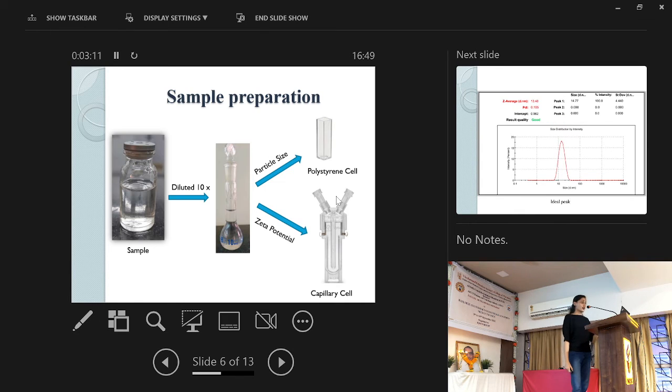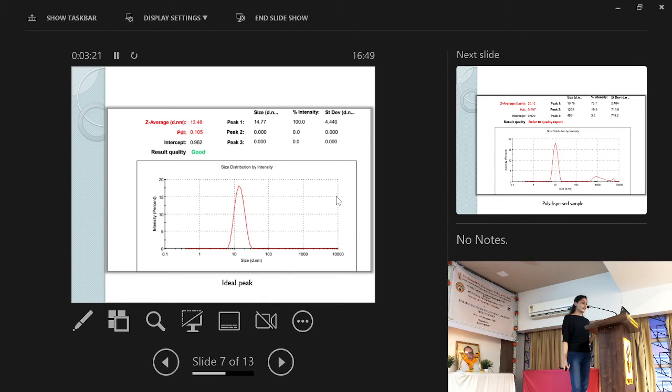After we put the sample in the Zetasizer and run the software, the sample is equilibrated for 2 minutes, and after that we get the graph. The sample we have put is measured from all three sides, and whatever graph is shown is the average of that. So the average of particle size and PDI is taken.